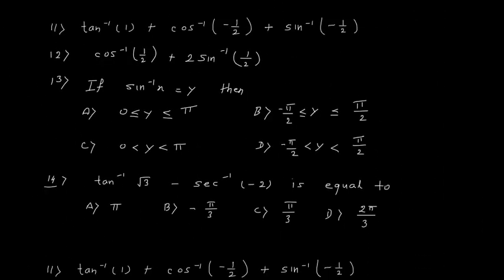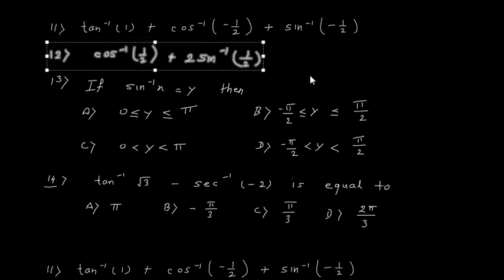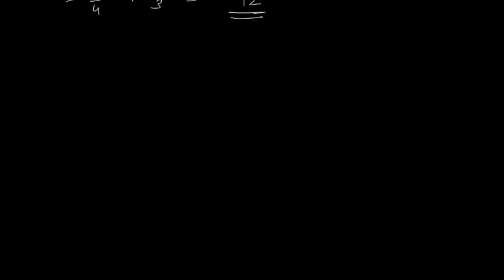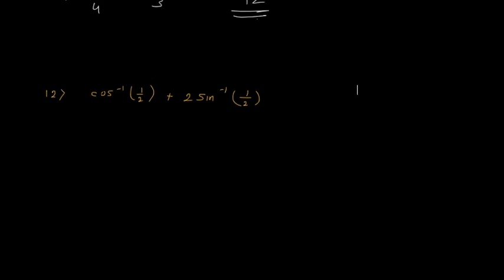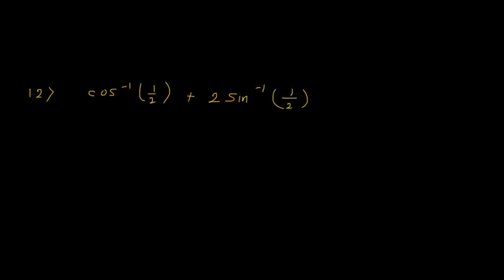In the same way, let us see the 12th problem. Let me change its color for better clarity. We have cos inverse half plus 2 times sin inverse half. Now directly I can solve this because I know the value of cos inverse half.